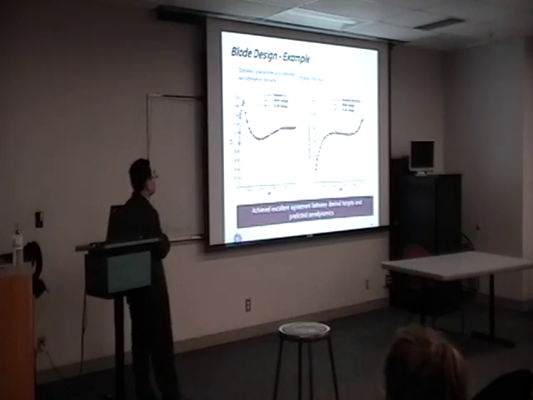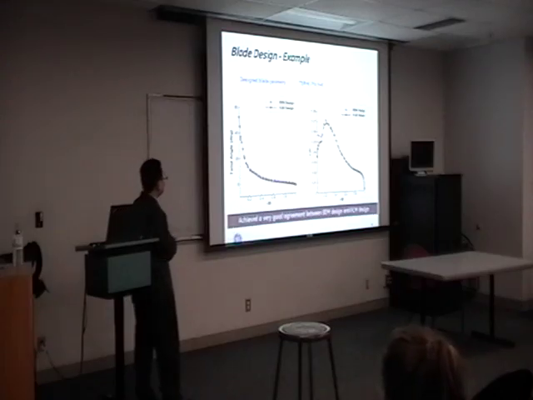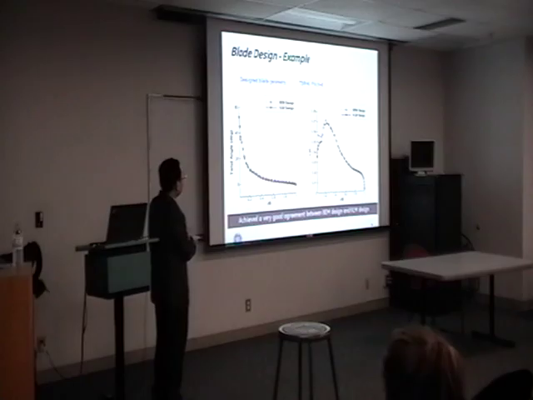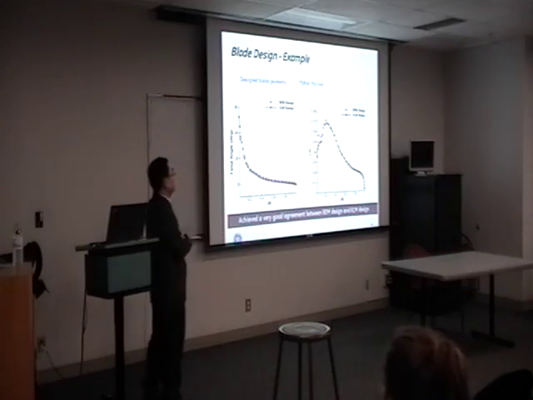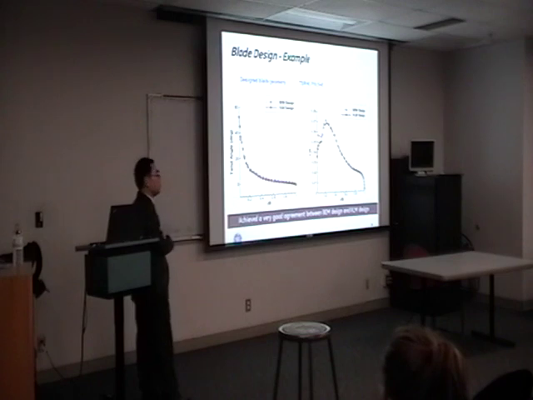From these desired values, I come up with the twist and chord blade geometry, which is our output. Both codes give almost identical results. Although there are small discrepancies here, the agreement is pretty good, so we are very happy about this performance.